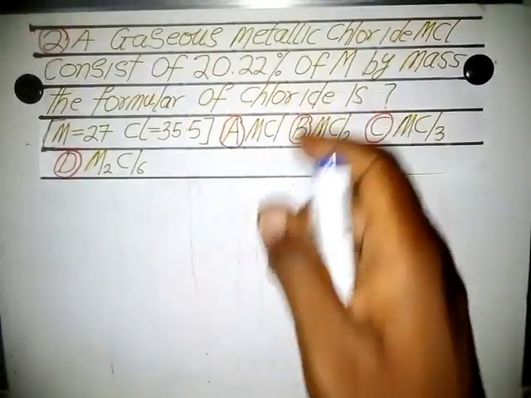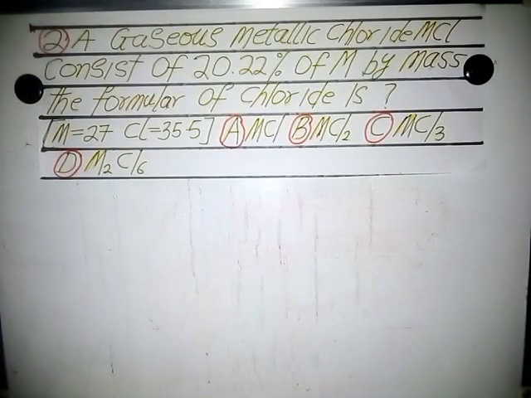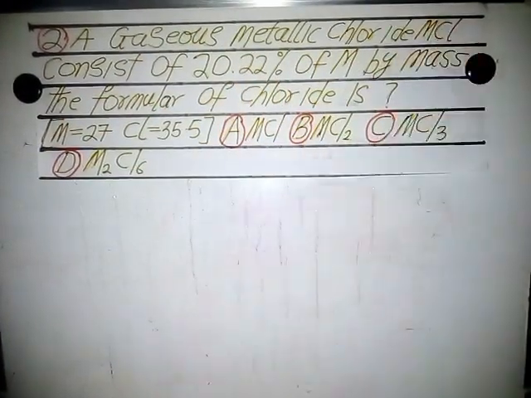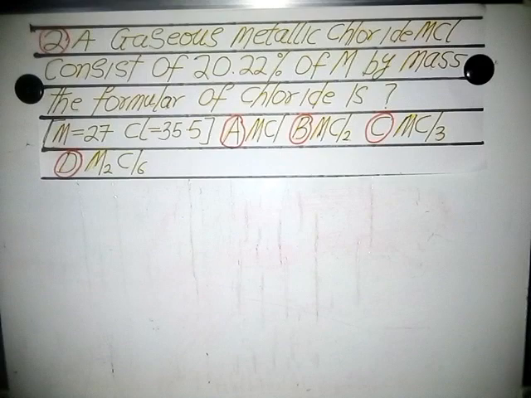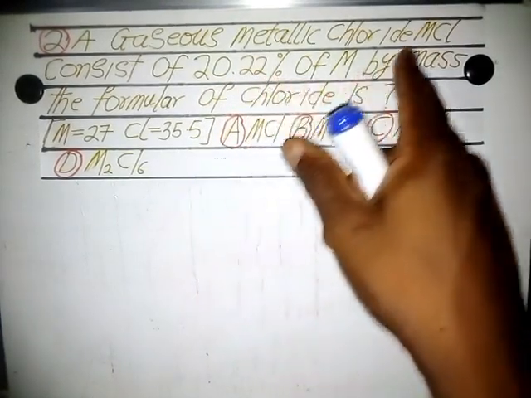The formula of the chloride is... Like in every chemistry question, you have to first of all make sure you read your question very well, then you know what you have to do. So we're looking at the formula of this compound we're given. It is MCl3, and 20.2% of M.